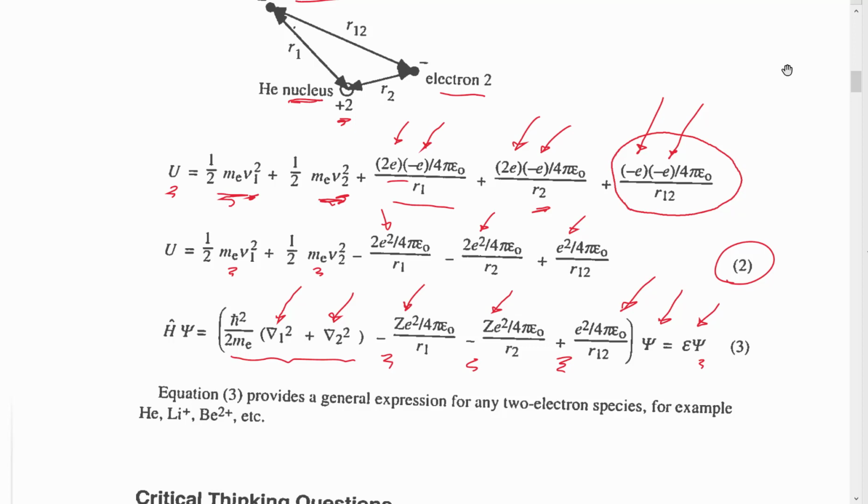The second critical thinking question again points us towards the 2e squared term in the fourth and the third part of that equation, and this 2e squared term comes from the charge on the nucleus.